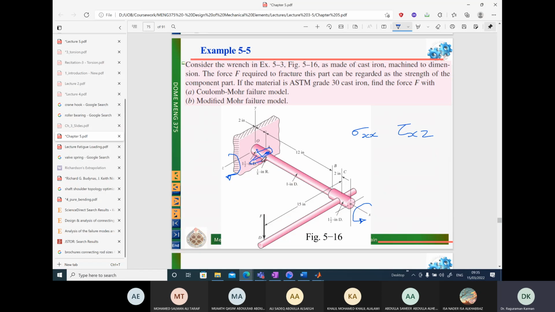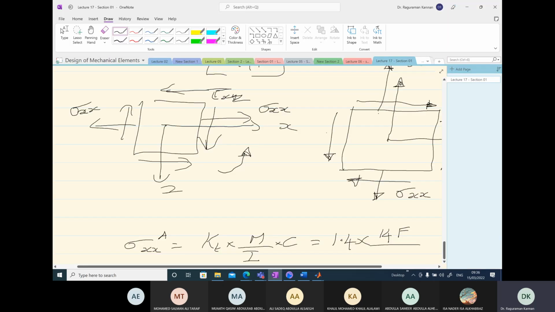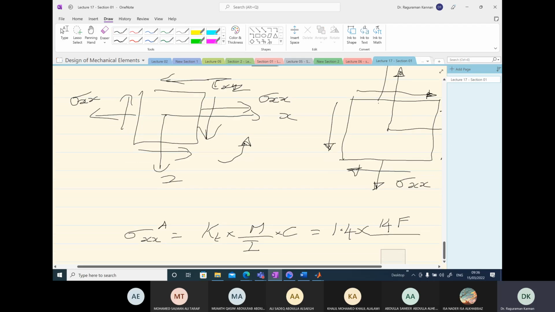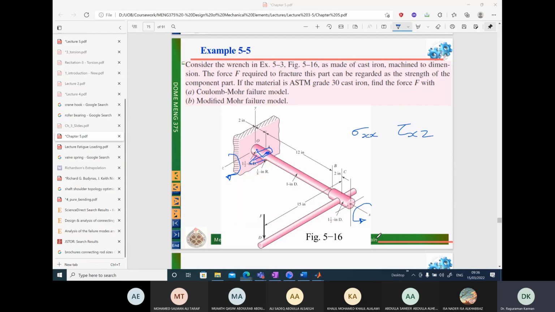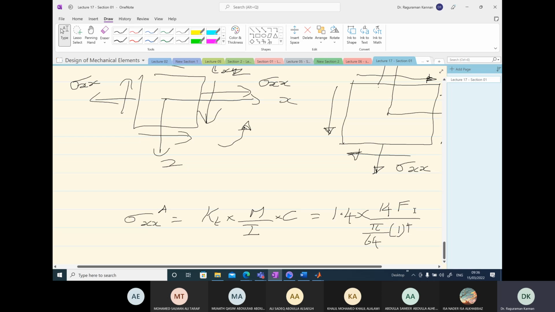Since we have taken the stress concentration factor, that means for the smaller diameter of the shaft, I have to calculate the moment of inertia for a diameter of 1 inch. Since it is 1 inch diameter, I have pi over 64 times 1 raised to the power 4. 1 is just 1 inch, so we need not worry about that.